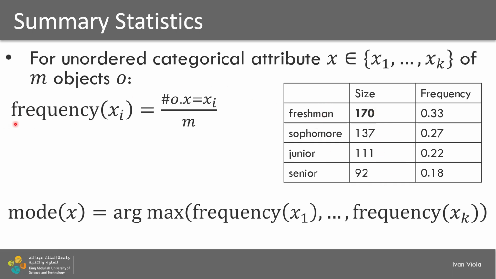So the frequency is a summary statistic which tells us how many of the data elements have this particular attribute. In this case, the attribute will simply be the year, a categorical attribute which is not really ordered, and we simply count all the students which have this attribute set to freshman, and it will be 170.